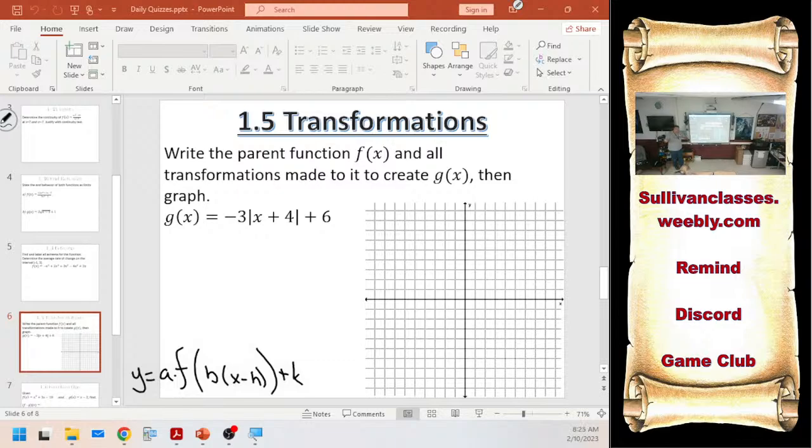Stretch is greater than 1, compression is less than 1. If it's negative, a vertical reflection or reflection on the x-axis, depends when you say it. B, all that stuff, but backwards. It's horizontal, and now you're talking about the reciprocal. H, horizontal translation. Again, it's grouped in with x, backwards. If they say -5, you're going right 5. And K, if it's outside of that grouping, that is a vertical translation, regular town.